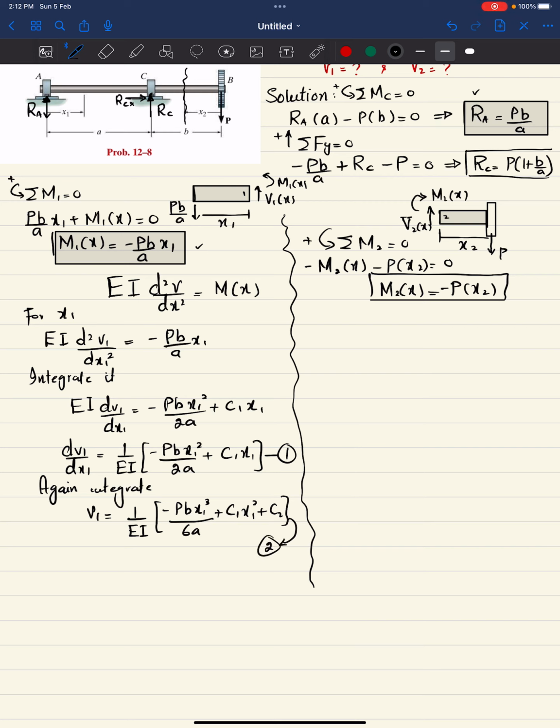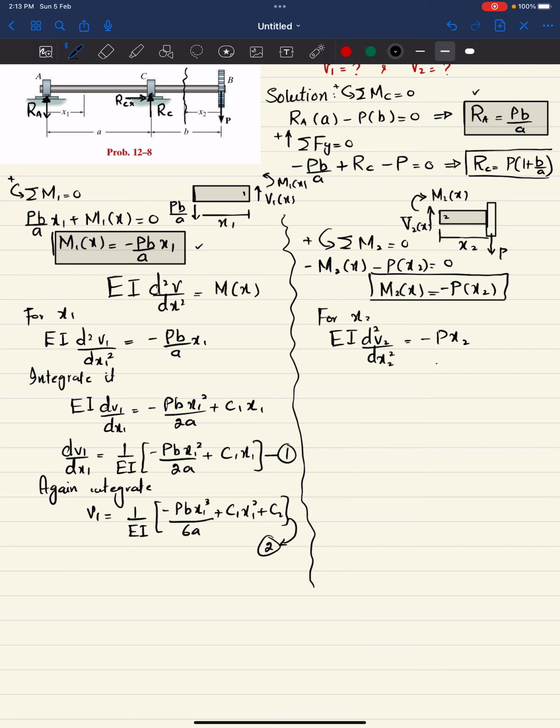Now we'll move here for coordinate x2. We have this equation EI d²v2/dx2² equal to M2x, which is minus P into x2.